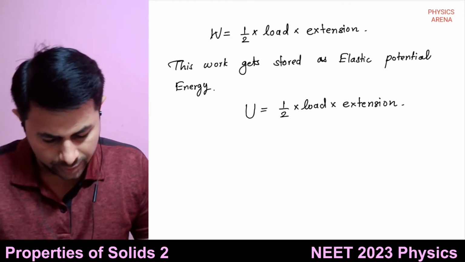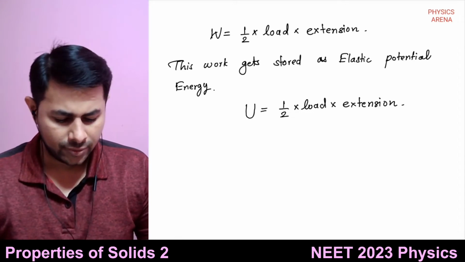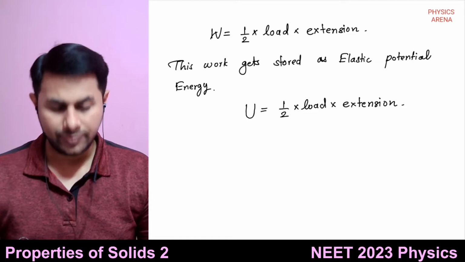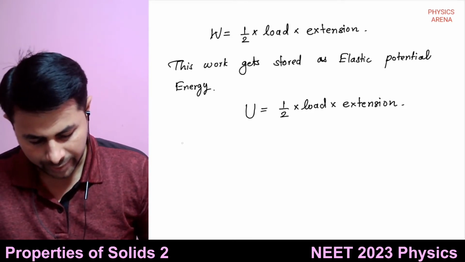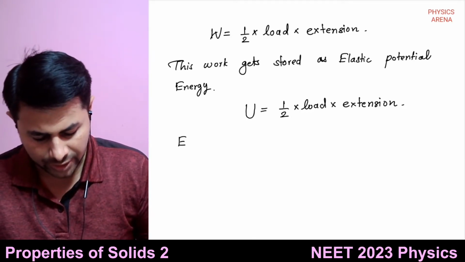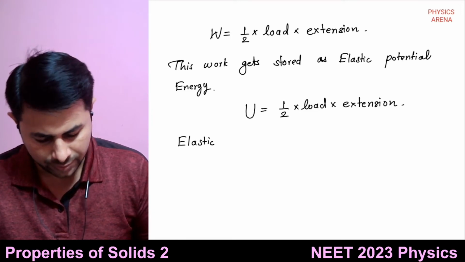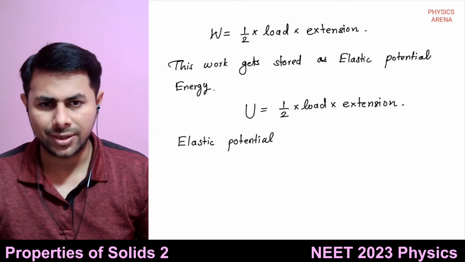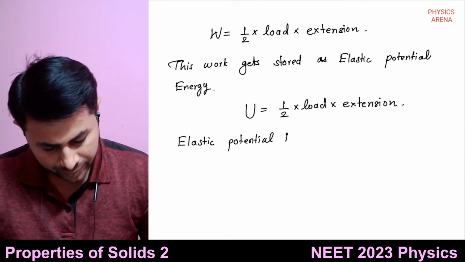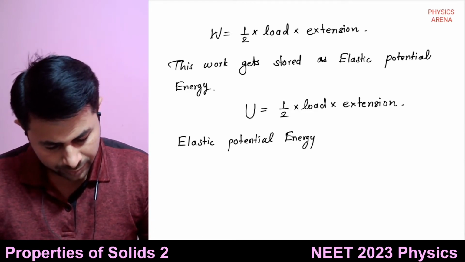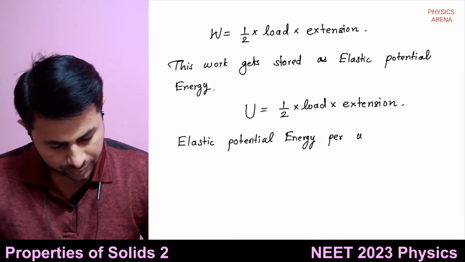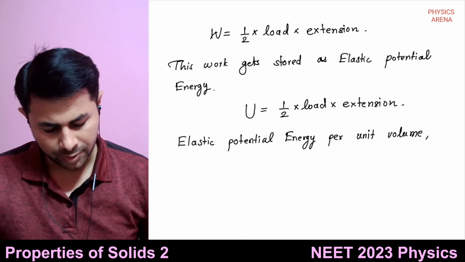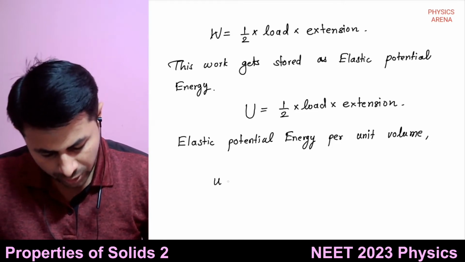Okay, and then what I can do is I can divide this potential energy by volume. Okay, so I can find out the elastic potential energy per unit volume. So I will denote it by a small u.